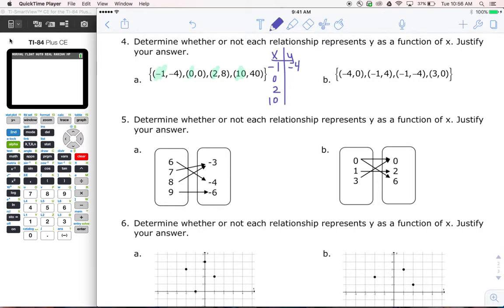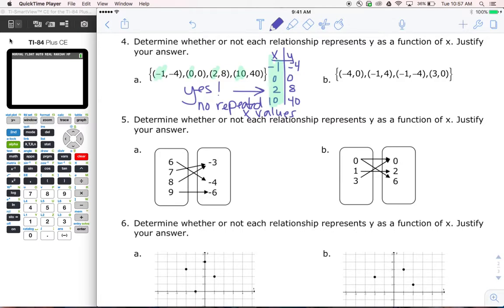So -1 goes with -4, 0 goes with 0, 2 goes with 8, and 10 goes with 40. And now I can easily see: have I repeated any x values? No. All right, so yes, this is a function. So we'll say no repeated x's. Okay, you go ahead and do B over on the right.